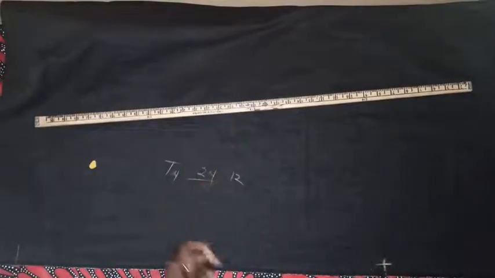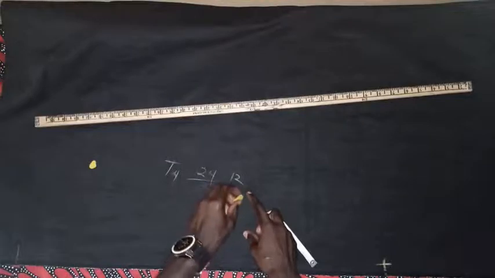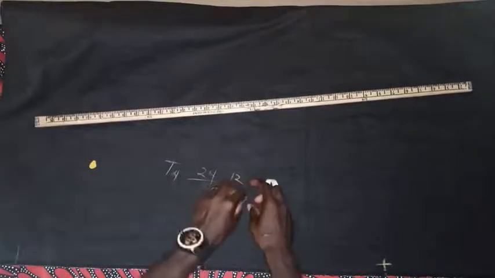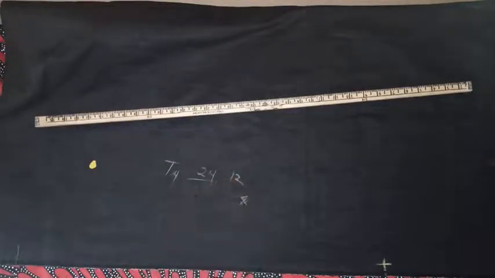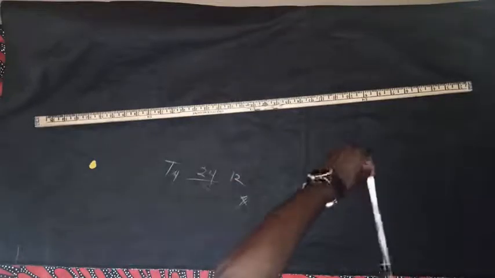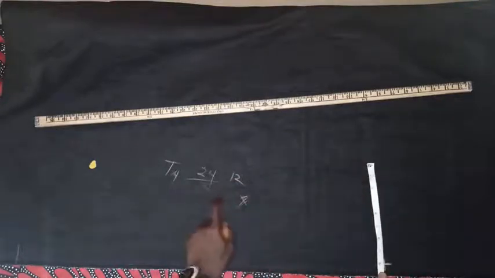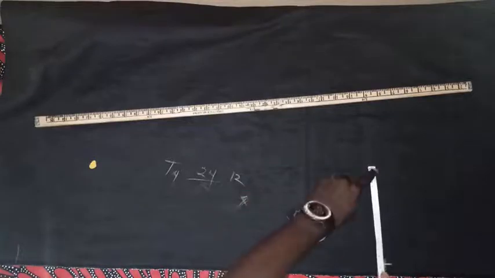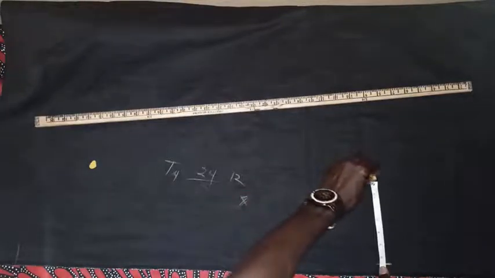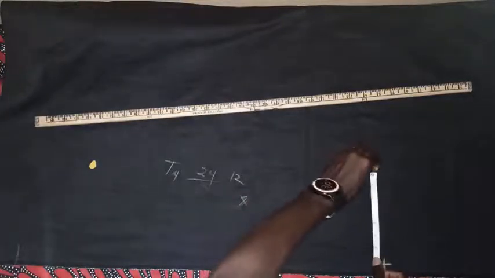When you are cutting, you divide your waist measurement by 4, because we've established that the waist has 4 parts. So if you divide 26 by 4, you'll have 6.5. This is 6.5, and we'll add ½ inch allowance to it.